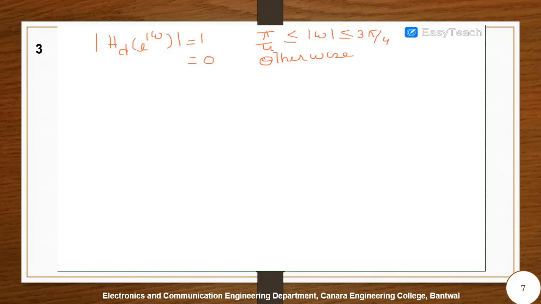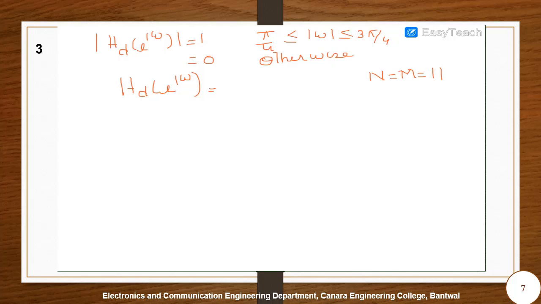So here the magnitude is given. So let us multiply the magnitude with the phase value in order to get hd of e to the power j omega. Here the given value is m equal to 11.